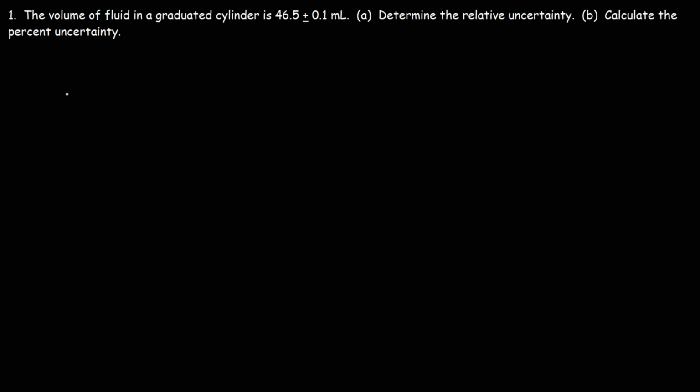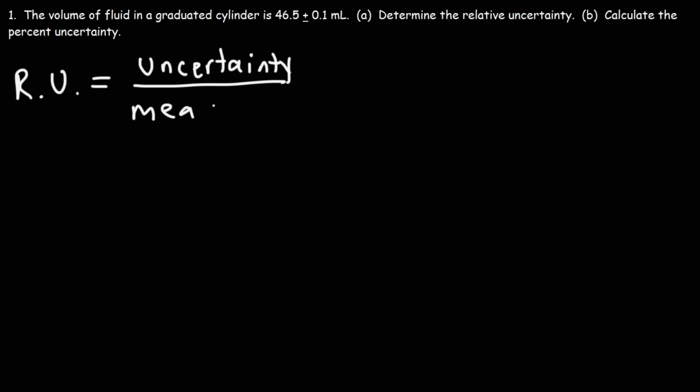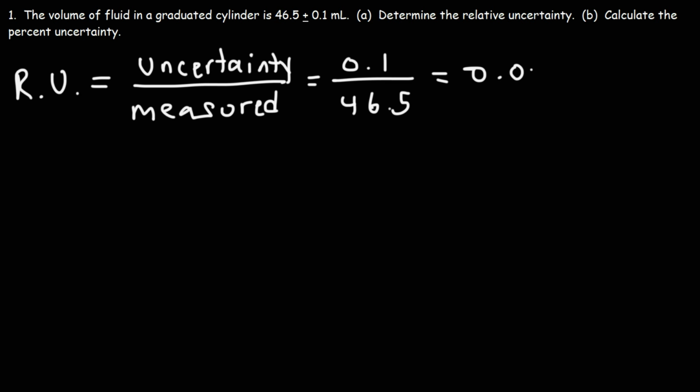So to calculate the relative uncertainty, let's call it RU, it's going to be the uncertainty divided by the measured value. So the uncertainty is 0.1, the measured value is 46.5. And that's going to be 0.00215. So that's the relative uncertainty in this problem.